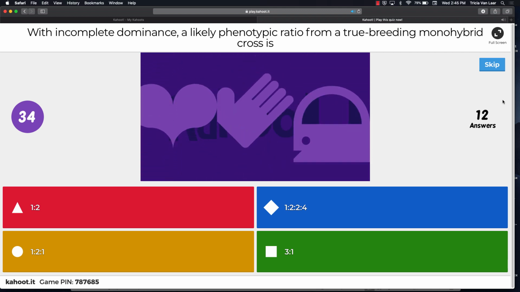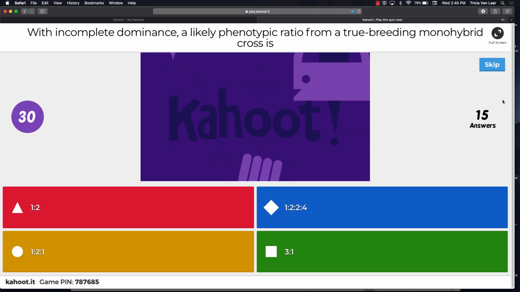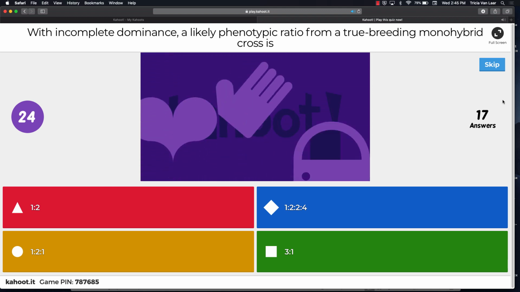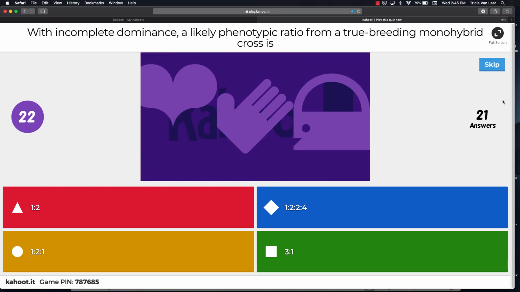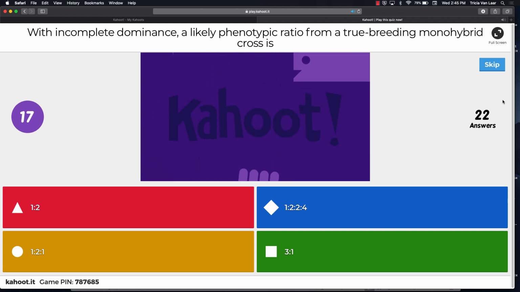So I'm sorry, you're crossing true breeding monohybrid cross. Your snapdragons. What's your phenotypic ratio going to be? Draw your Punnett square if you have to.